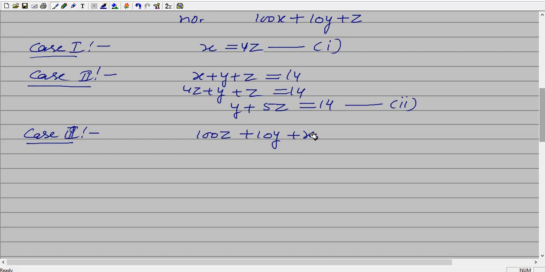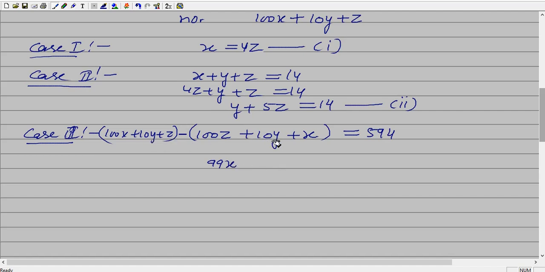So decreased by means 100x plus 10y plus z minus the number we received after reversing, the difference is equal to 594. So 100x minus x is 99x, right?